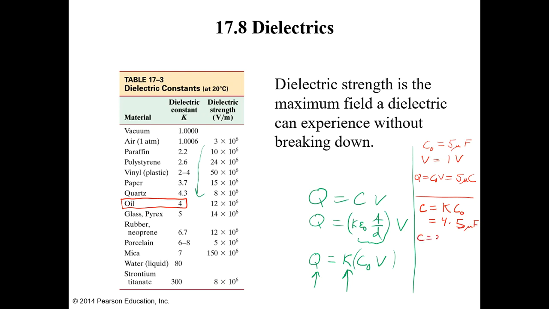So now I have a capacitance of 20 microfarads under the influence of 1 volt. The amount of charge that would build up would just be capacitance, 20, times 1 volt, 20 microcoulombs. So all of a sudden, I have changed the amount of charge that I can build up inside my capacitor.